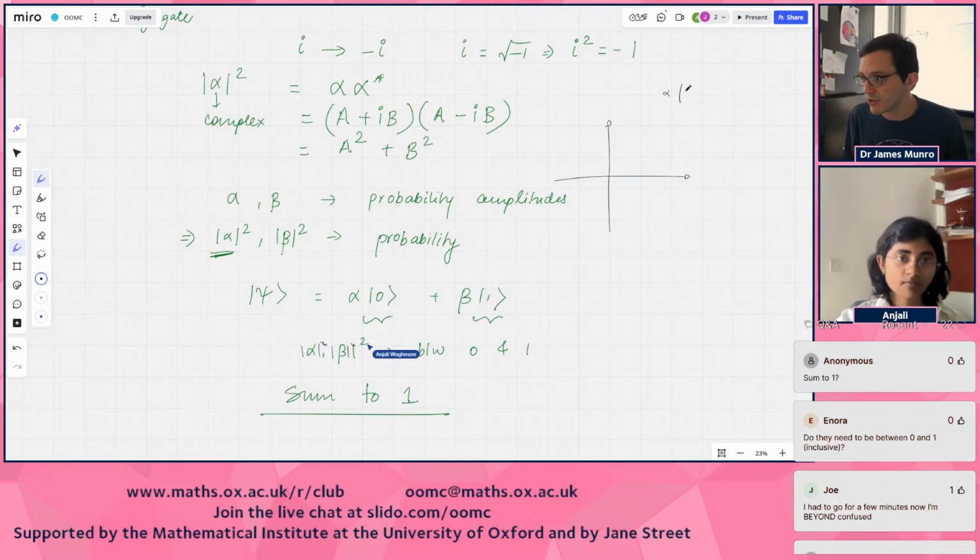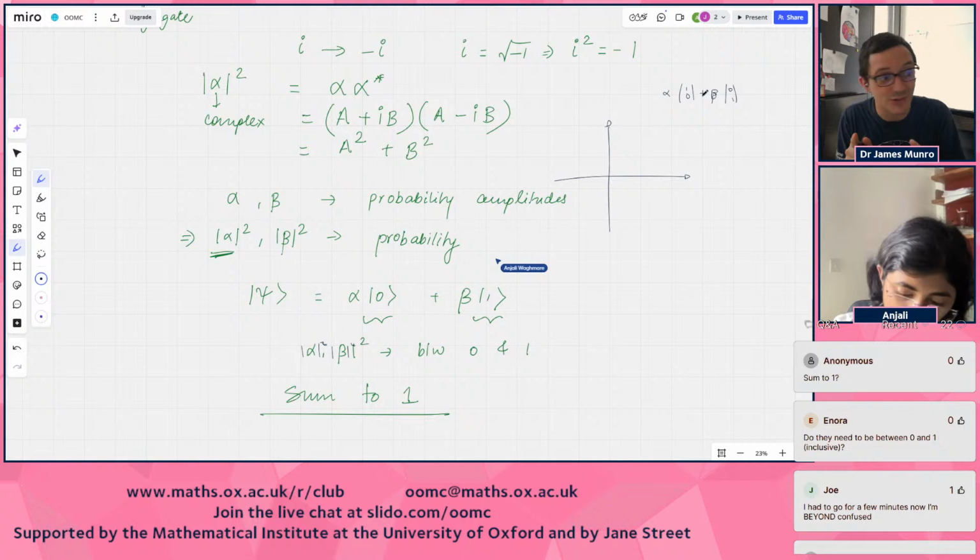If I'm using vectors like this, alpha and beta for my components, then the news that alpha squared plus beta squared should be 1 in some sense. Okay, if they're both real, I know what that means, right? And you do too.